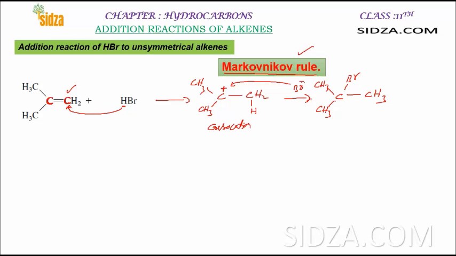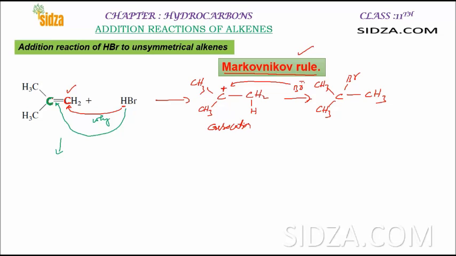Now the question is why should this hydrogen go to the carbon that has more hydrogen atoms? What if this hydrogen attacks this carbon? In that case, the bromine will go to the CH2. Let's see what happens then. When the hydrogen adds to this particular carbon, you get an intermediate carbocation, but the carbocation will be here.